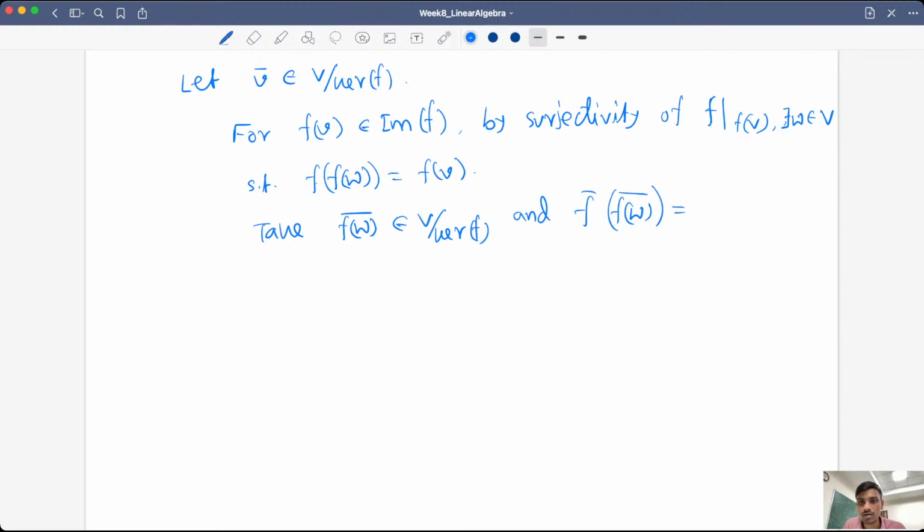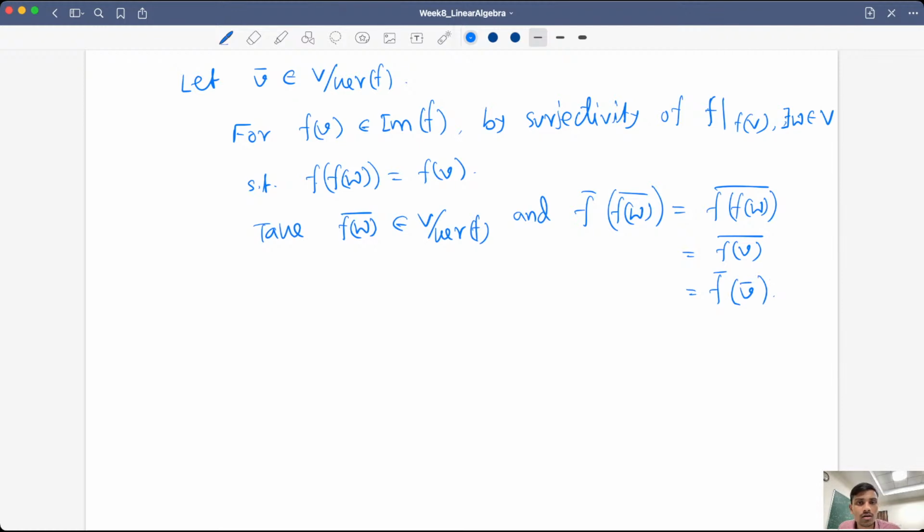That is nothing but f of w whole bar, but f of w is nothing but f of v, so this is nothing but fv bar, and that is again the same as f bar of v bar, right?